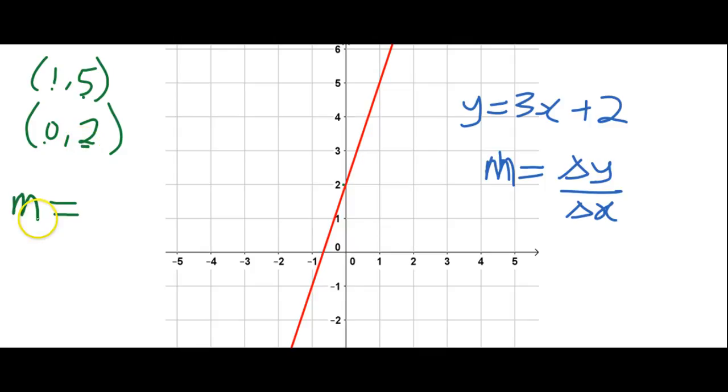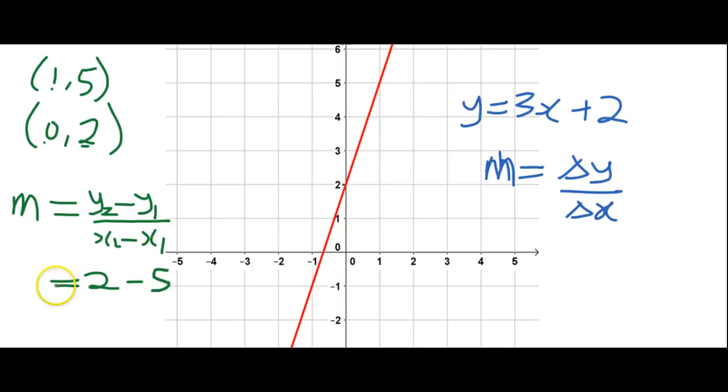We know the gradient is change in y on change in x, so I'll have y2 minus y1 over x2 minus x1. Picking y2, which is 2, minus y1, which is 5, divided by x2, which is 0, minus x1, which is 1.